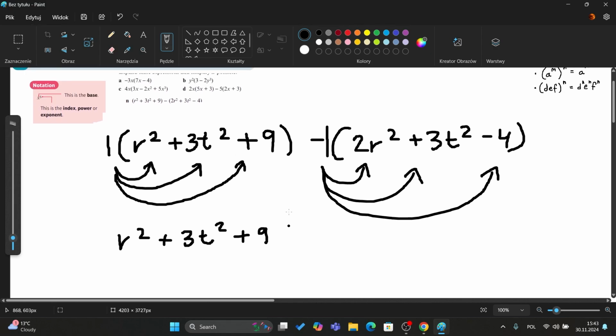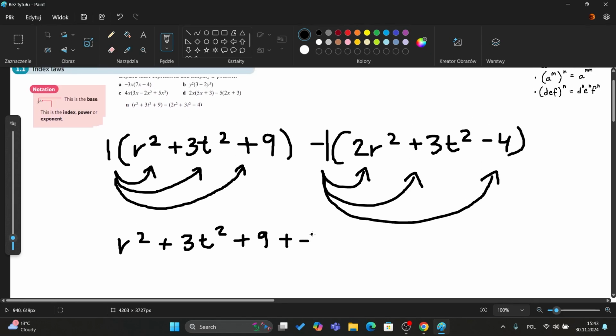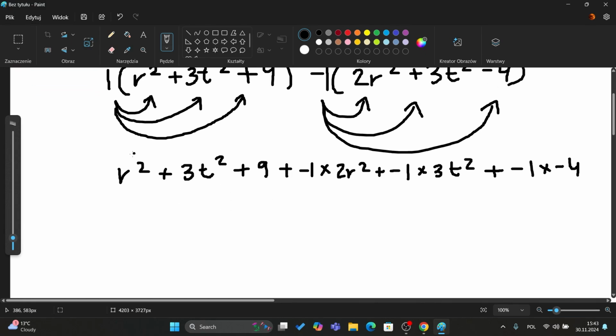So that's going to be minus 1 times 2r squared plus minus 1 times 3t squared plus minus 1 times minus 4. So r squared plus 3t squared plus 9 minus 2r squared minus 3t squared plus 4.